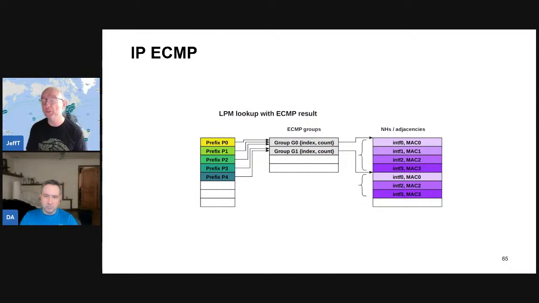Vendors or most vendors have exposed knobs to change the resolution. So you might say that your array is 32 wide, but it will have only, for example, 4 different weight buckets, right? So you reduce the amount of data. You could go as granular as the number of next hops. However, if you run out of resources, you can actually reduce it and obviously make load sharing less granular.